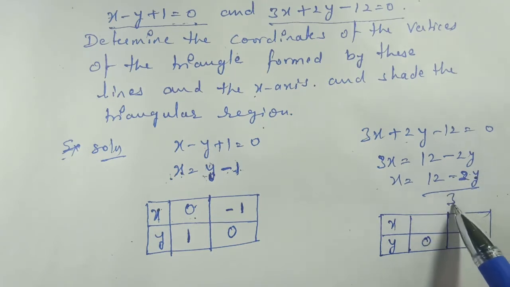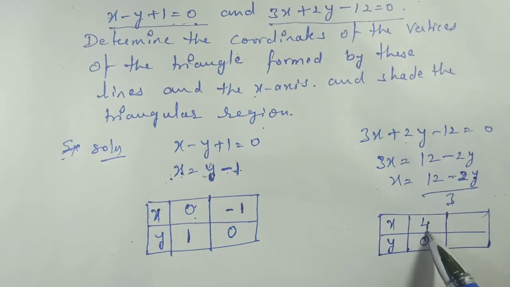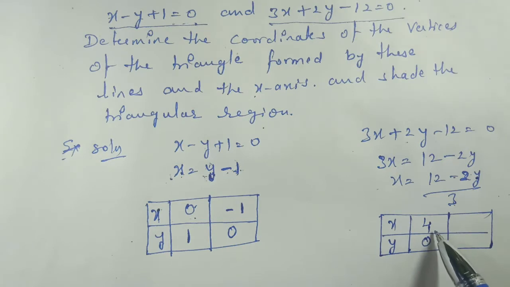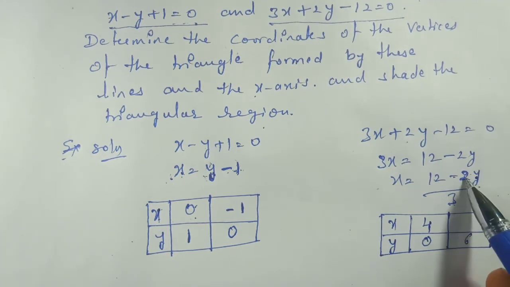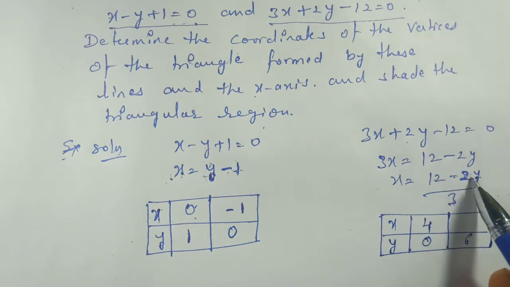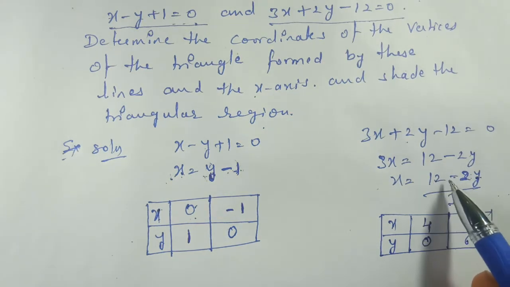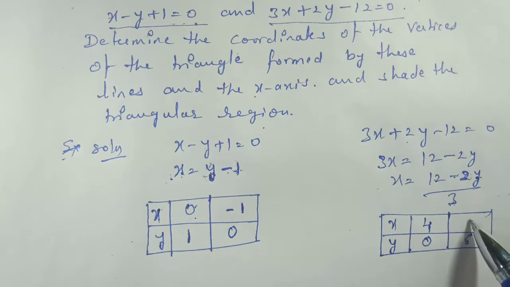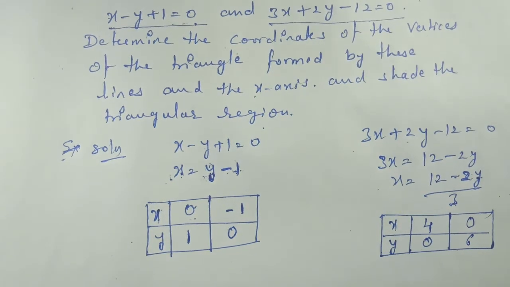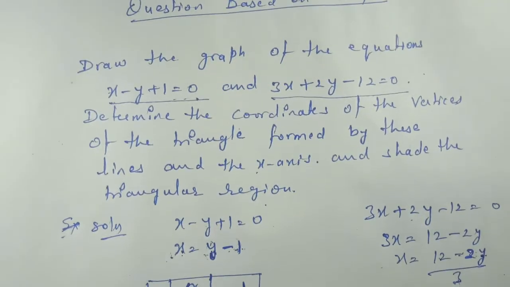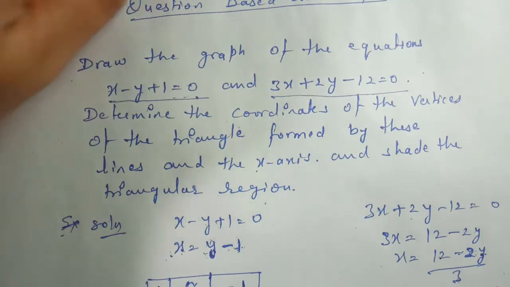So 12 upon 3 means 3 fours are 12, so we get the value of x equal to 4. If we take the value of y equal to 6, then 2 sixes are 12, and 12 minus 12 will give 0. 0 divided by 3 means 0. So these are the values of x and y in both the equations. Let us now draw the graph.